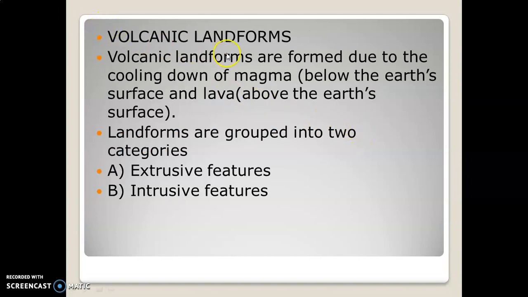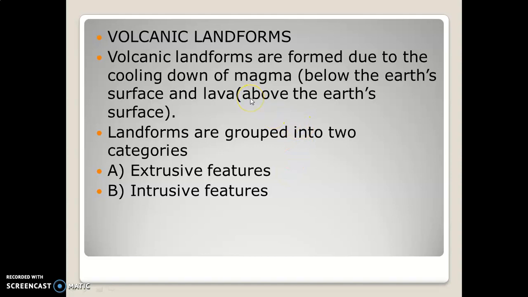Next is volcanic landforms. During a volcanic eruption, when magma is able to come out on the earth's surface, it is called lava. And when lava gets solidified, different landforms are formed, that is extrusive features, or we can say extrusive volcanic landforms.